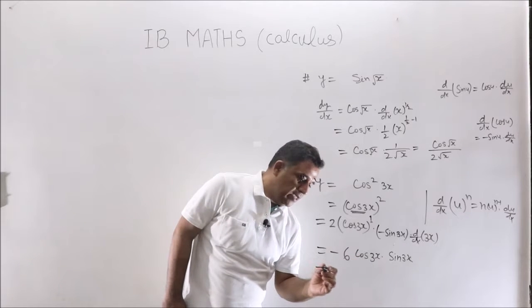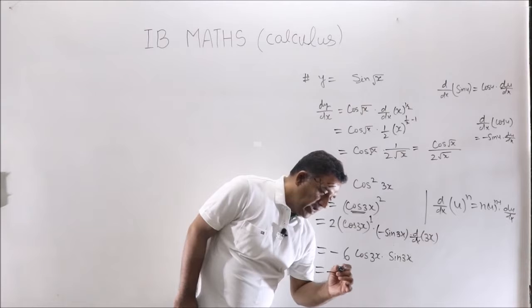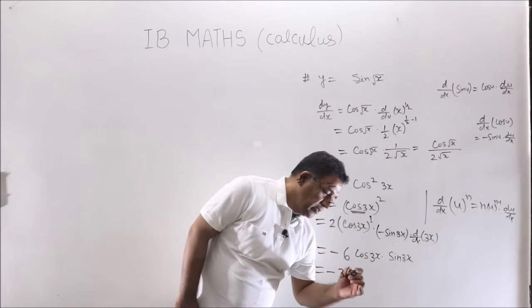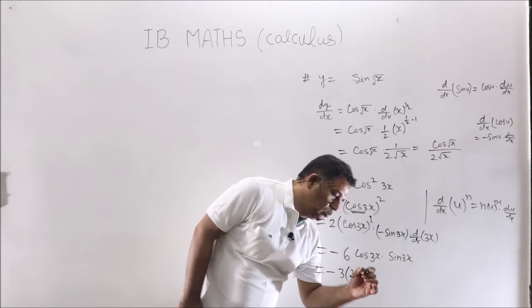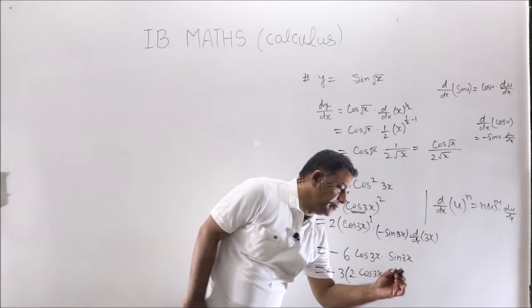However, we can simplify if we like with the help of trigonometry. We write minus 3 times 2 cos 3x times sine 3x.